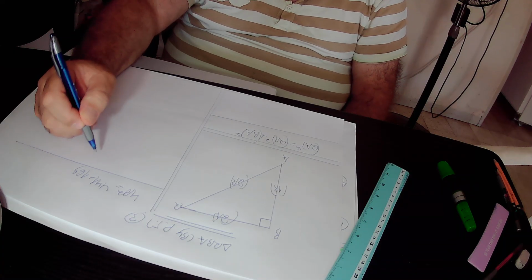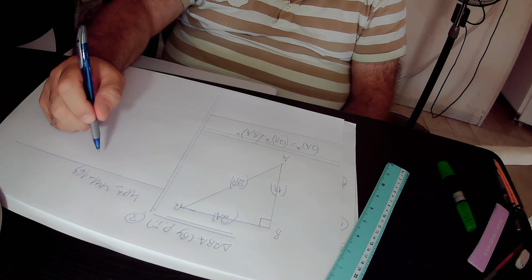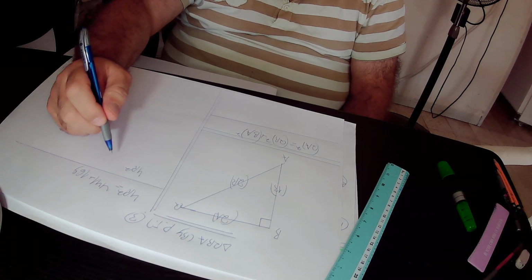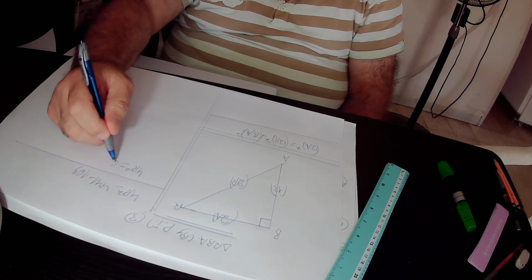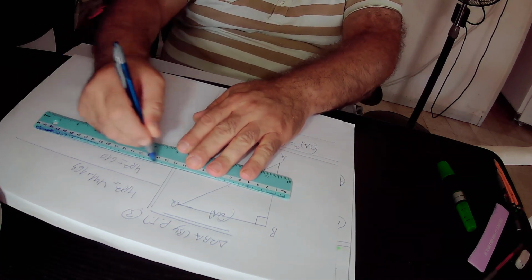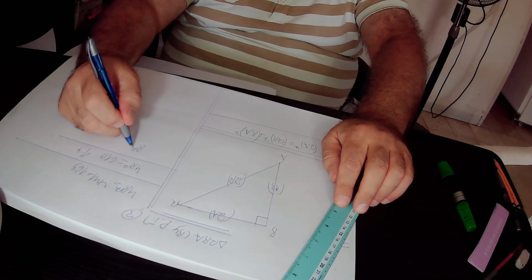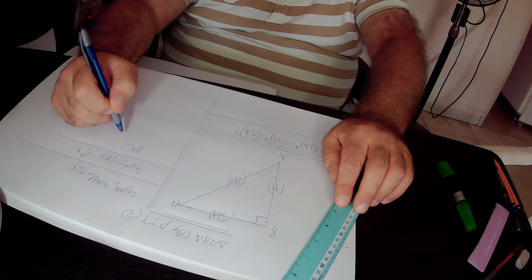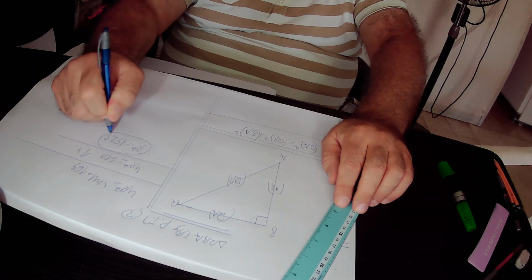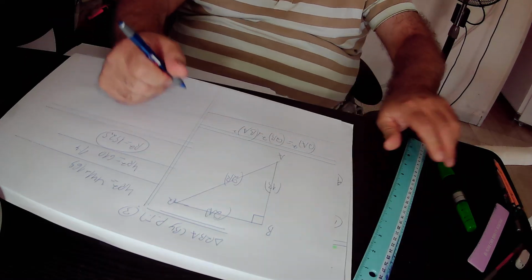So in total, we found out that 4r squared equals 441 plus 169, which is 610. Here we divide this equation by 4, and we get that r squared equals 610 over 4, which is 152.5. In total, we found out that r squared equals 152.5.